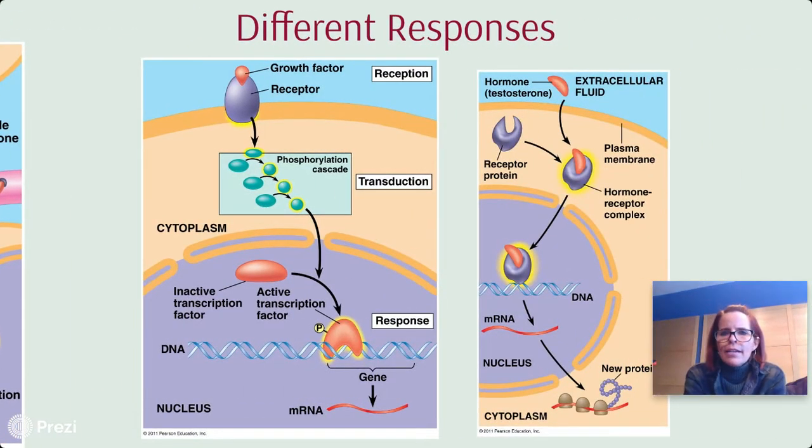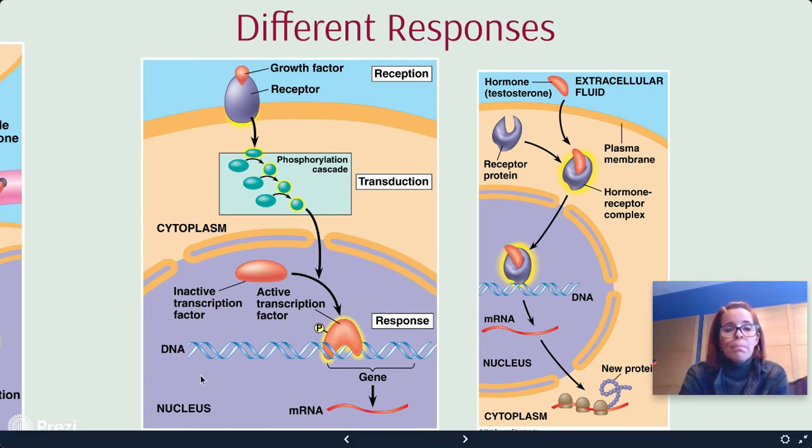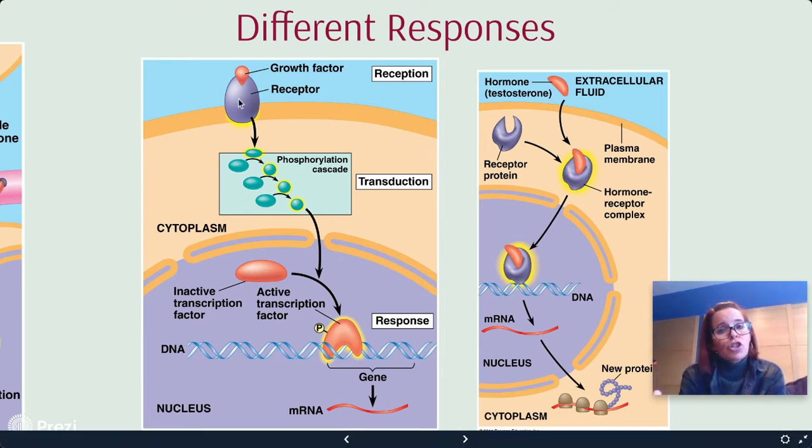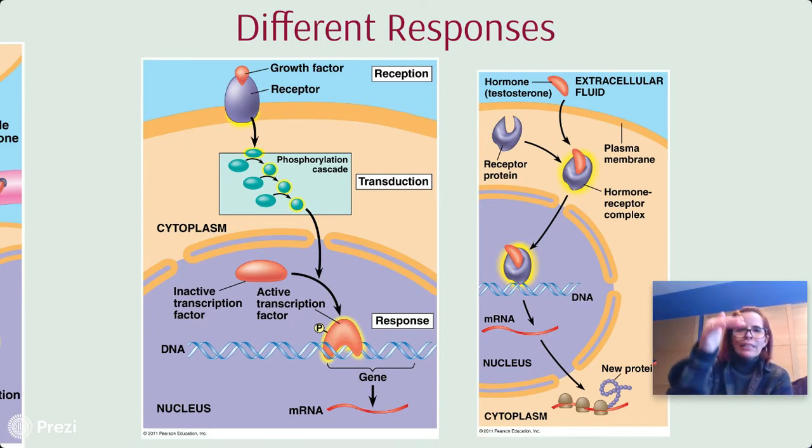All right, and then try to just look at this. This is a summary of the different types of responses. If you could remember this diagram, you'd be good to go. Here's our ligand. It's touching our receptor, which is a protein embedded in the cell membrane. The receptor is going to change shape, which triggers the movement of this message from one molecule to another molecule to another, sometimes dozens in a row.